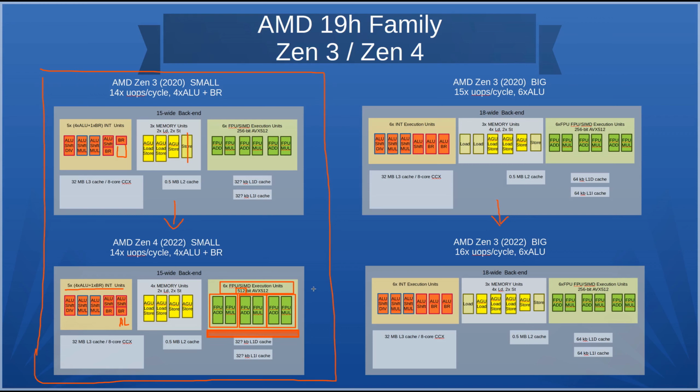So yeah, Zen 3 and Zen 4 will be a real beast in terms of floating point, and Intel has really low chances. We will see what Golden Cove will bring, but this Zen 3 looks really good. And the same setup for the bigger variant.